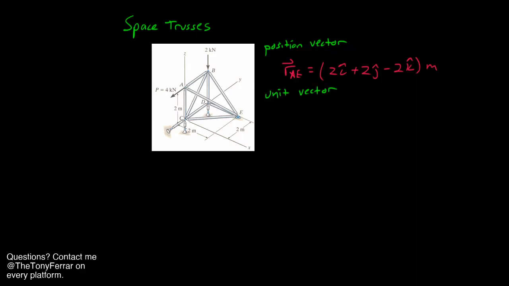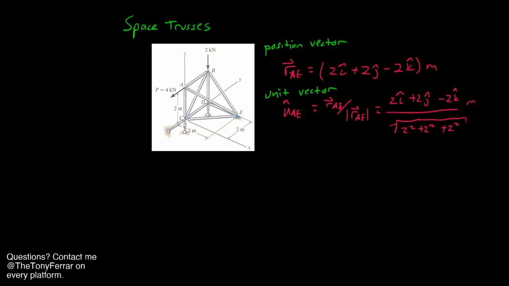Next, we will turn that into a unit vector by dividing it by its magnitude, right? UAE is equal to the position vector divided by its magnitude. And so we'll have 2i plus 2j minus 2k divided by the square root of 2 squared plus 2 squared plus 2 squared.